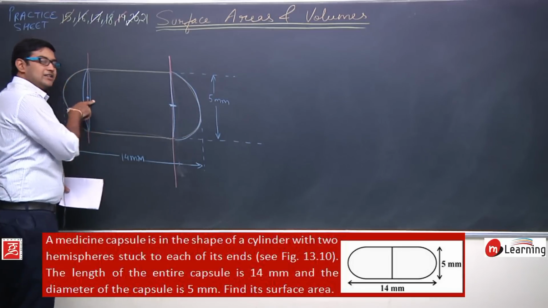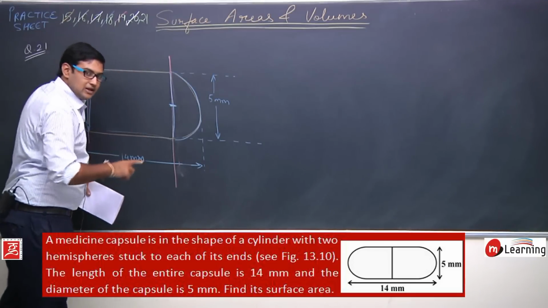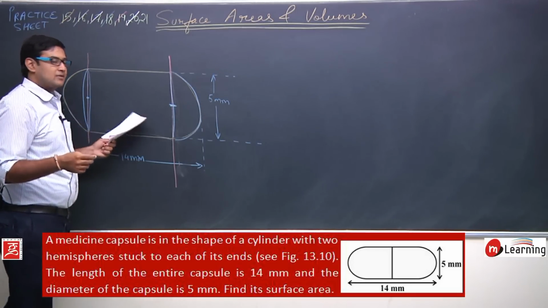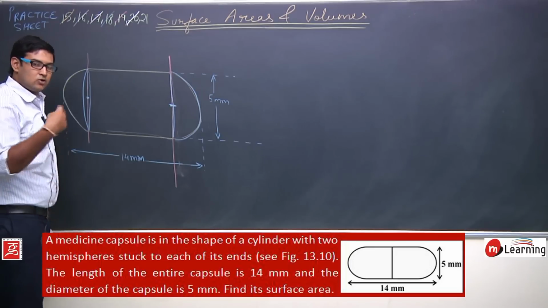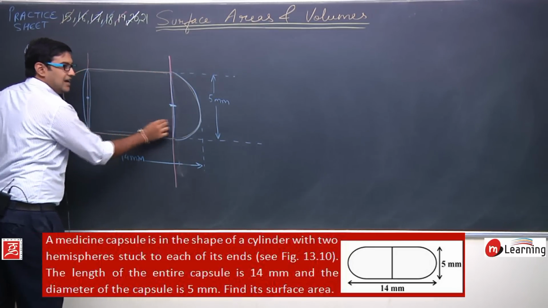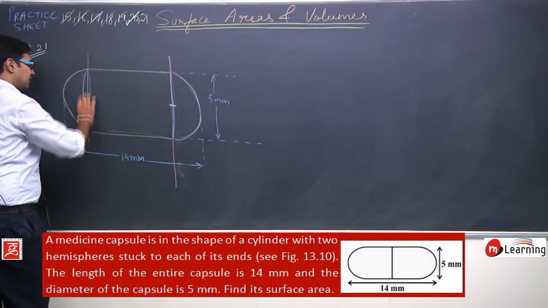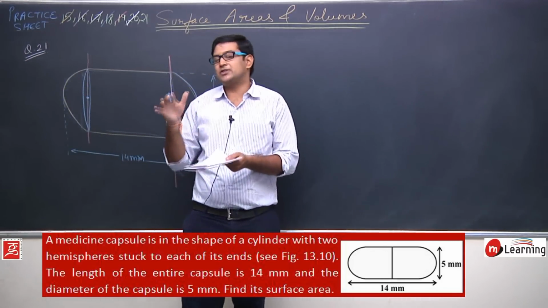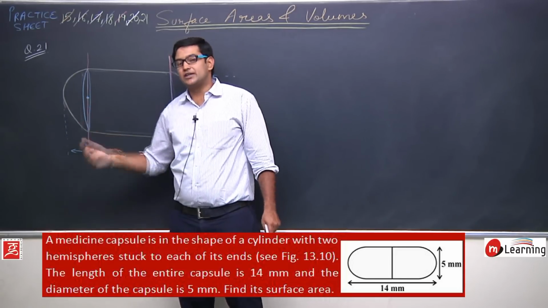So at this point I can see that in this capsule the only surface of this cylinder and this hemisphere which is open to the atmosphere, open to the outside world, is this lateral surface, and for this hemisphere also the lateral surface. The base surface of the hemisphere and the base surface of the cylinder are stuck to each other.